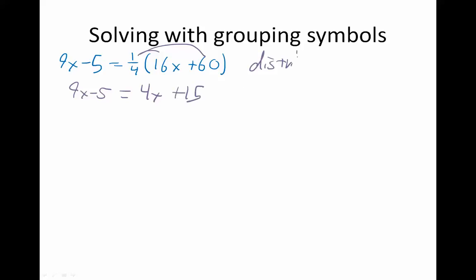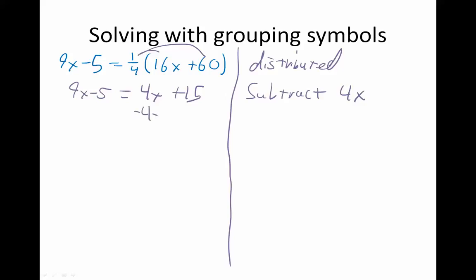So I distributed. And that gave me an equation that looks exactly like the thing that I did on the other side. So first thing I'm going to do here is get the variable terms on the same side. And I'll do that by subtracting 4x. That gives me 5x minus 5 equals 15.